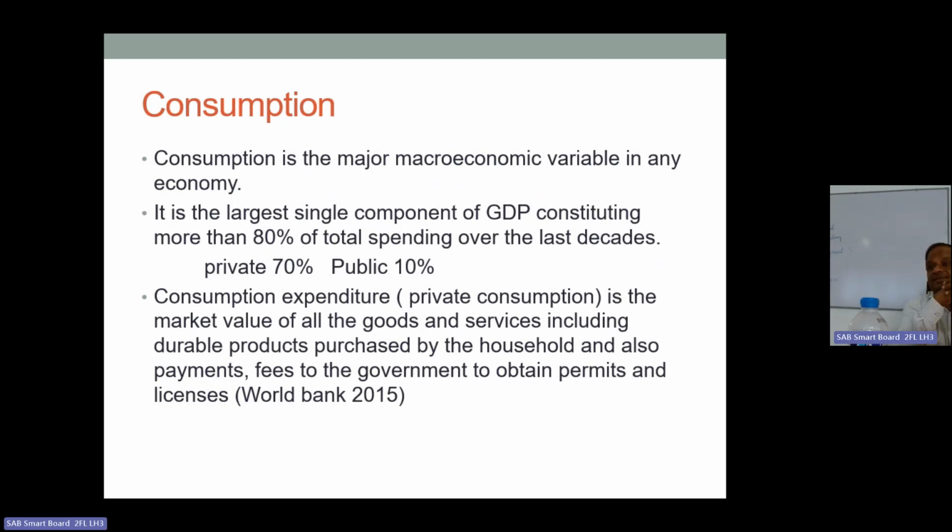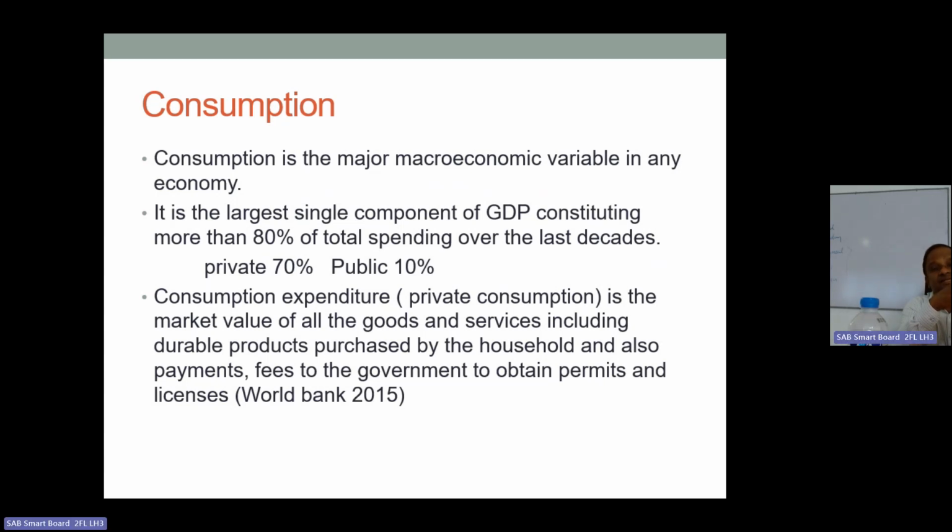Another important thing is the Keynesian theory. In it, the consumption function plays a pivotal role in explaining national income determination through the multiplier behavior, the so-called autonomous expenditure multiplier, which is explained through the consumption function.